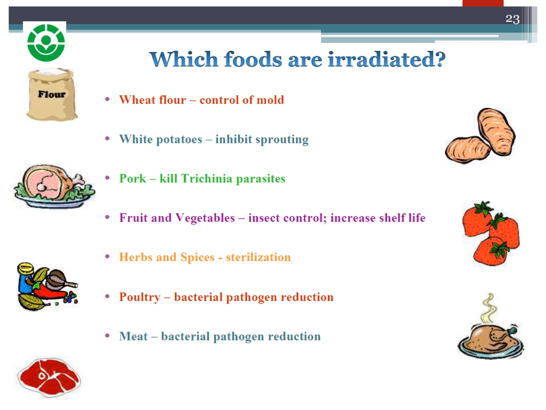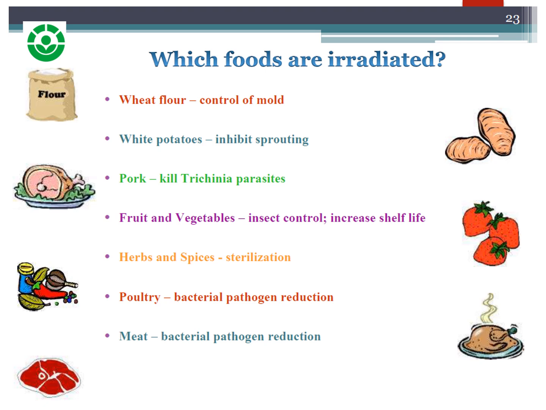Second one, white potatoes. Potatoes are mainly irradiated to prevent sprouting, that means to inhibit sprouting. Next, pork. Pork is irradiated to kill Trichina parasites.